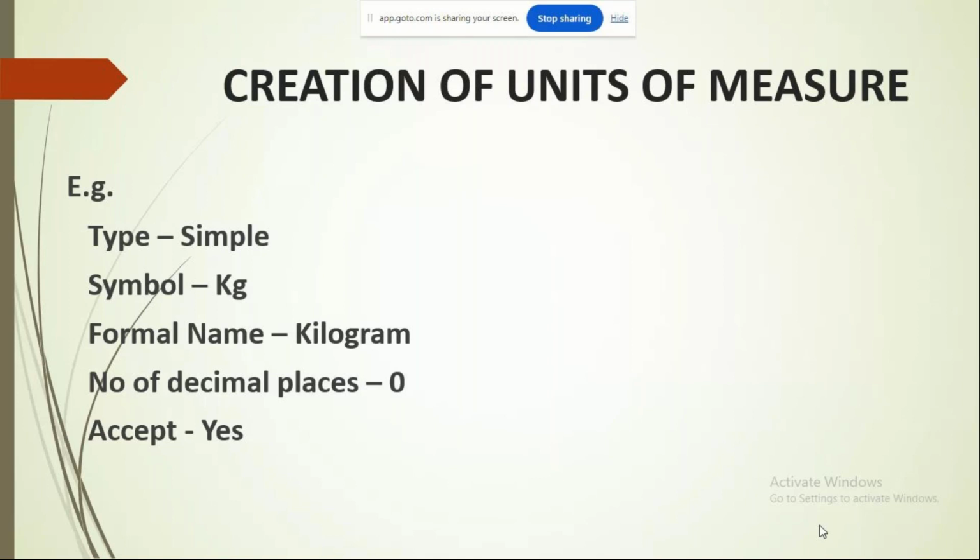So after how many decimal points do you want to round off? After two places, one place or three places, that we have to give in the number of decimal places, so that it will automatically round off to the next number, if it is five or above. Okay, so once we complete all these details, we save the changes. So this is the format I've given you for how to create a simple unit of measure.